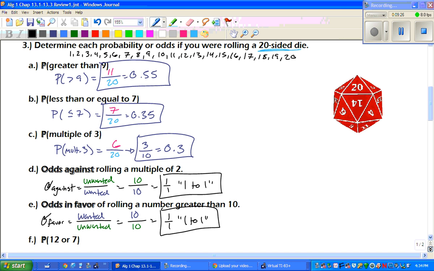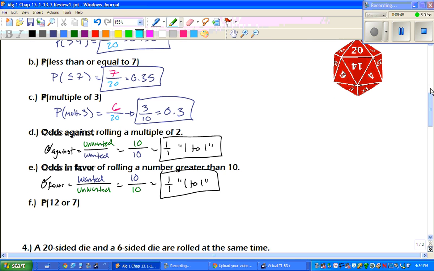All right, now number F says, what's the probability of getting a 12 or a 7? So we can get a 12 or a 7. Do you guys remember when we did these? Or means that we need to, anyone remember? Add.